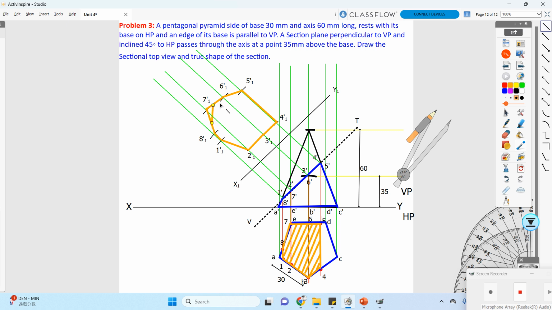I'm going to do the hatching over here. This is my true position of my pentagonal pyramid.